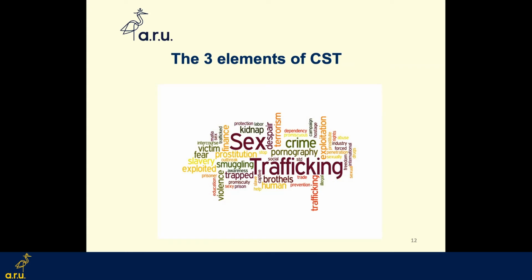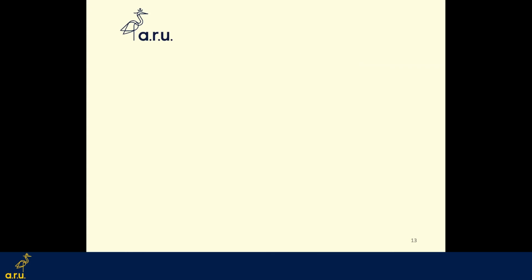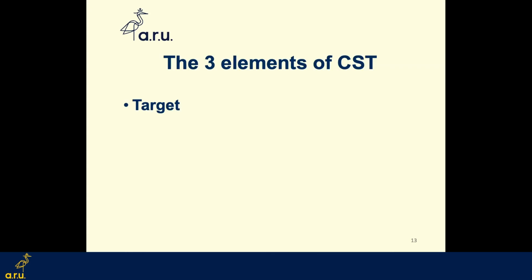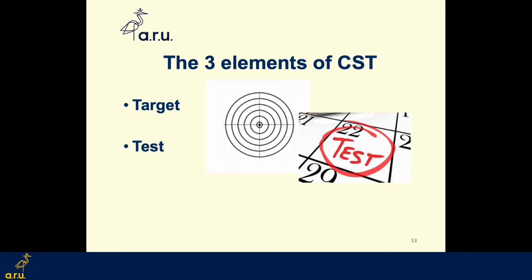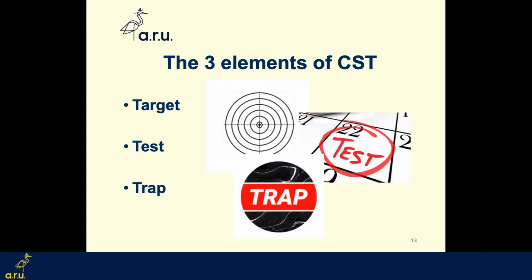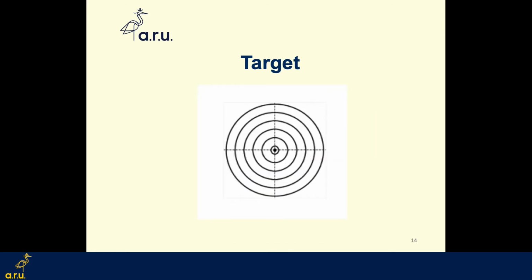So we do have 3 elements of child sex trafficking, and these 3 elements are the target, the test, and the trap. The perpetrators tend to use these 3 elements to trap young people. The first part is the target.